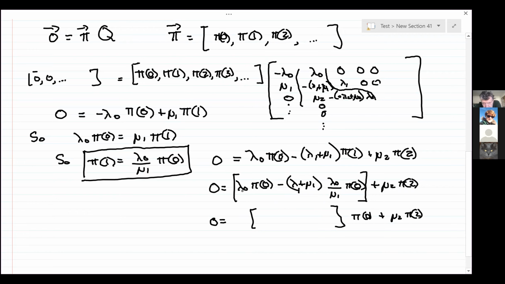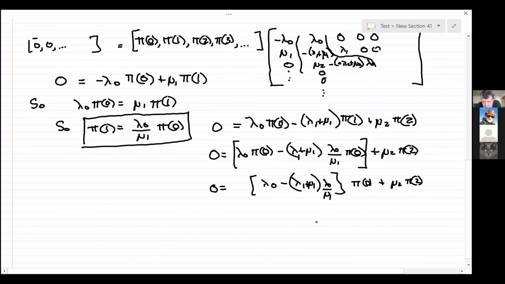What's left in here is lambda 0 minus lambda 1 plus mu1 times lambda 0 over mu1. Okay. And you can recover the original just by multiplying through. Pi0 times lambda 0 is this, and all of this stuff times pi0 will give you this.